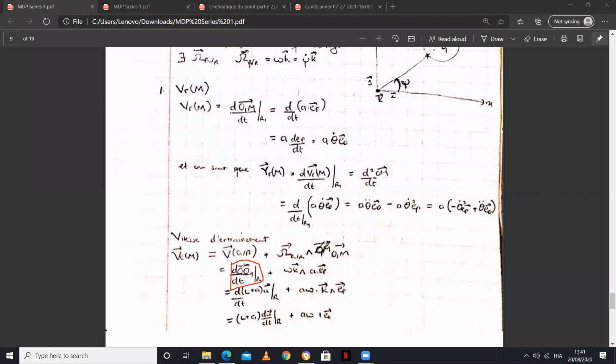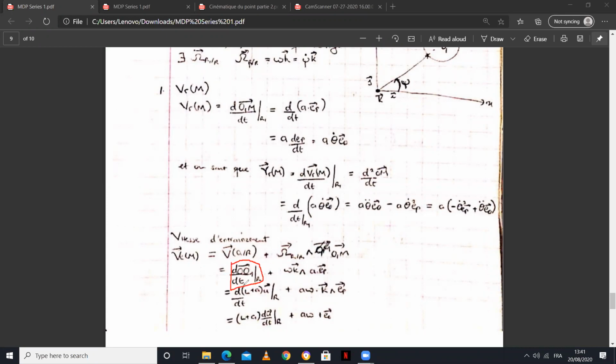So our vector position is going to be OA. Make sure you learn this trick, guys. I emphasize. Make sure you know how to get your vector position. That's your beginning. If you cannot get it right depuis le commencement, tout ce que tu vas faire sera incorrect, malheureusement.